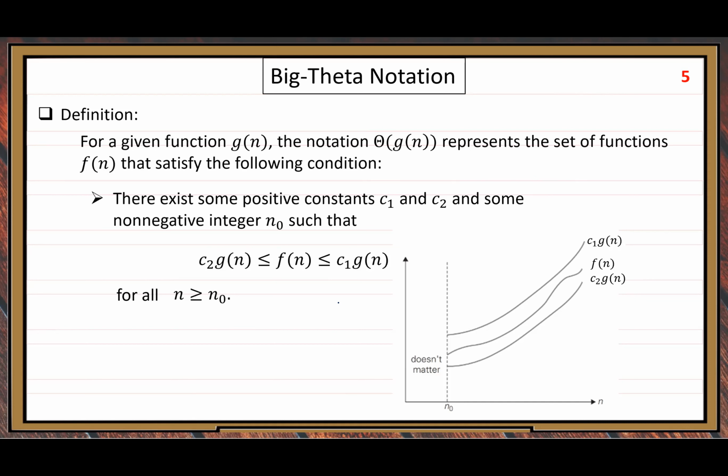So here you can see how many notations we use. So far at this point, we have 5 different asymptotic notations: big O, little o, big omega, little omega, and big theta.